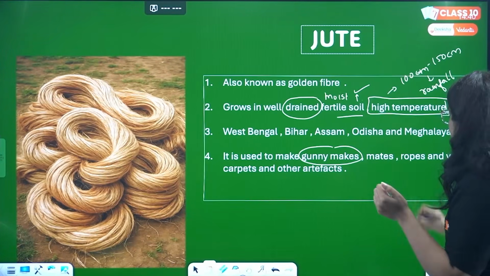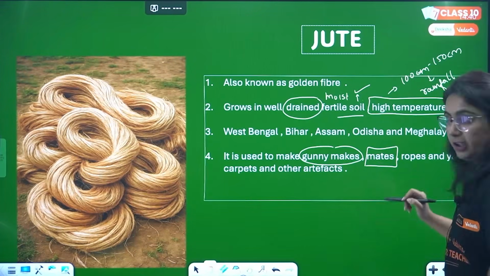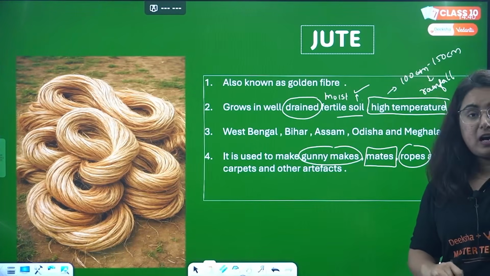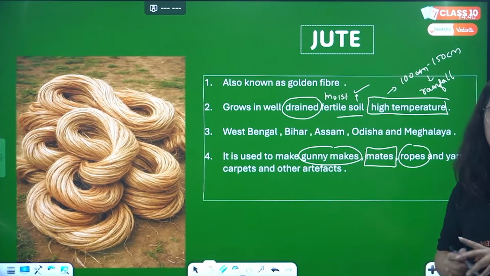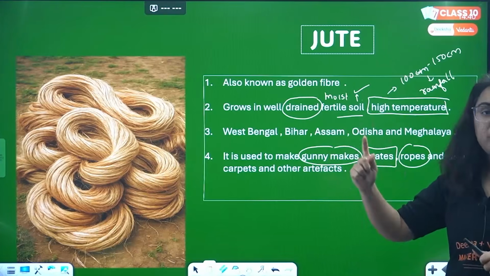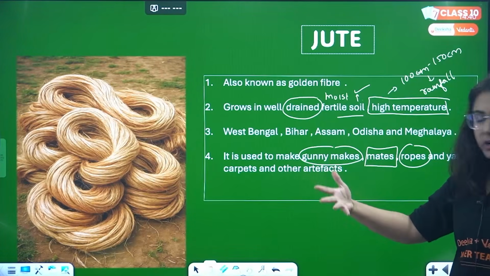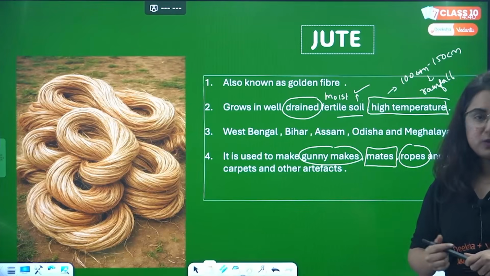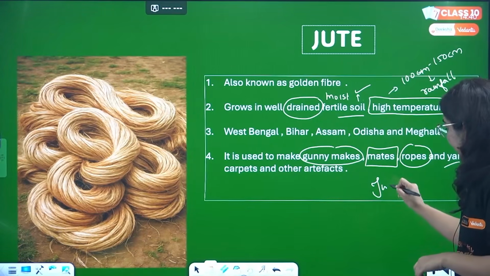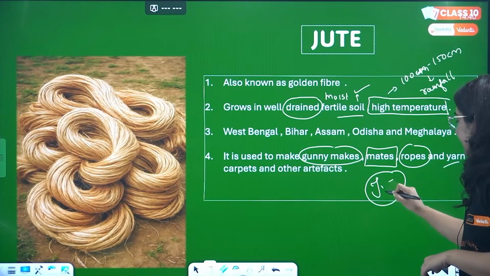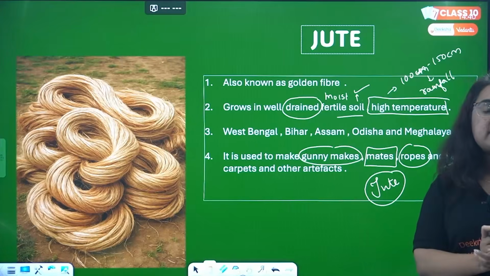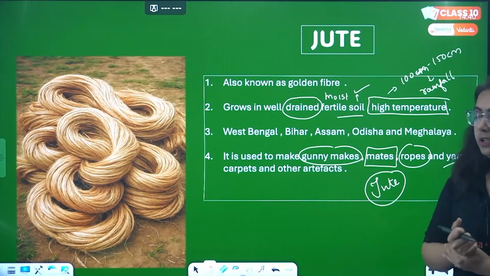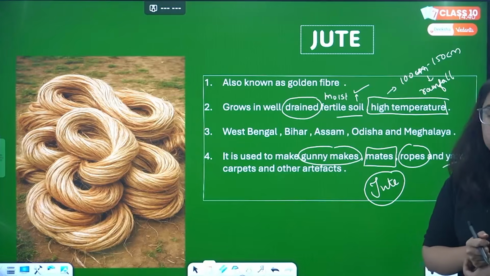You know the door mats and the rugs, the ropes. Yes, the old houses still have ropes made of jute, and clothes are dried on them. Yarn, carpets, and other artifacts too. So yes, jute is a very important product in Indian society and the Indian market, and it has multiple uses. As it is natural, it is even good for the environment too.